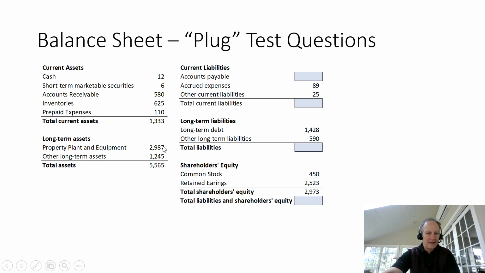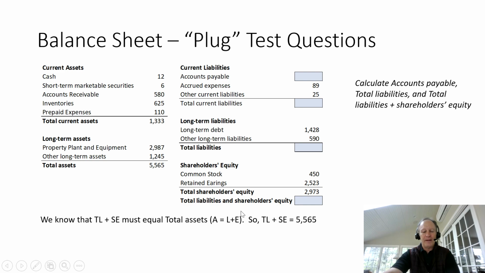You've got current assets, you've got total assets. Well, now that you've got total assets, you know that total liabilities and shareholders' equity have got to be the same number. Total assets is 5565, so total liabilities and shareholders' equity must be 5565. Okay, so we know that. So let's go ahead and put 5565 there.